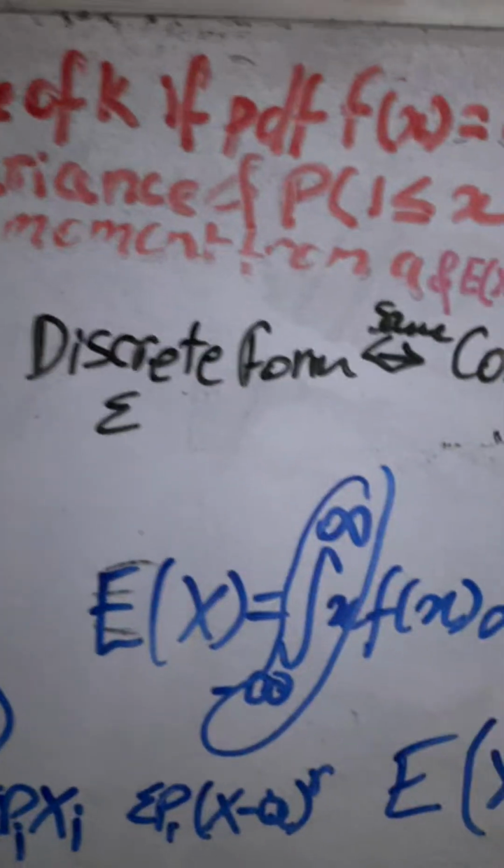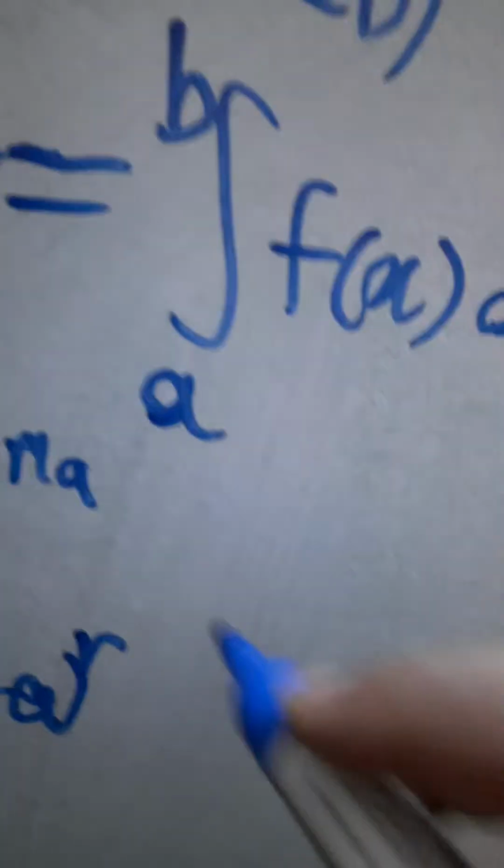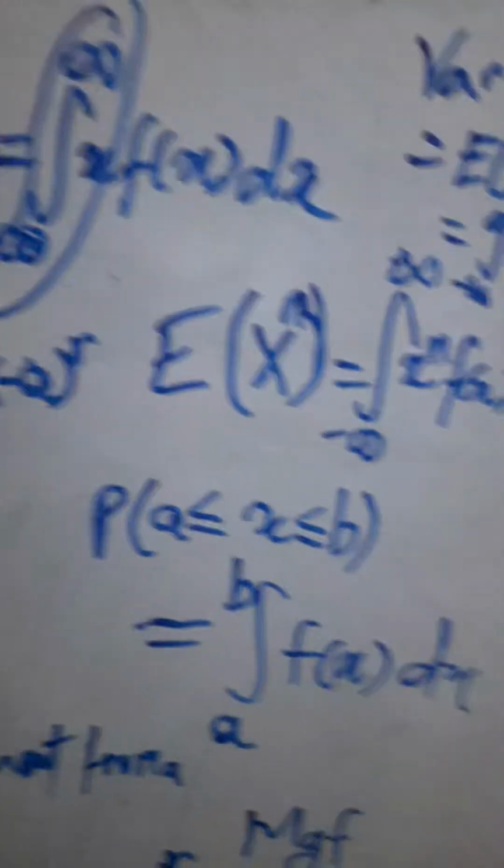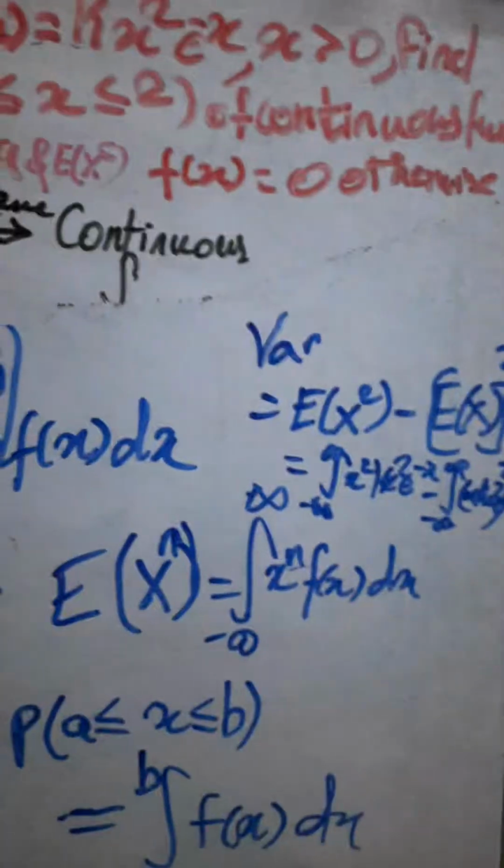Now also we have the moment generating function. Let's do that, I guess. By the way, I forgot to add another one. So what happens here is f of x equals 0 otherwise.